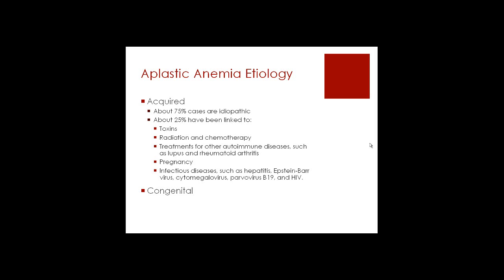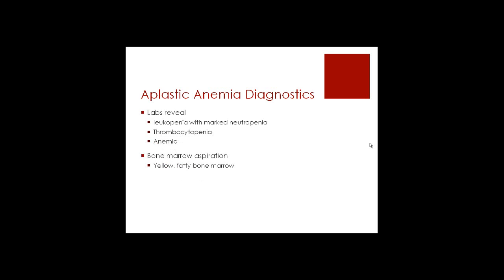For about 25% of the time, they have found a linkage to potentially toxins, radiation, and chemotherapy, treatments for other autoimmune diseases such as lupus and rheumatoid arthritis, and pregnancy and infectious diseases. So when you have aplastic anemia, what the labs reveal is leukopenia with marked neutropenia, thrombocytopenia, and anemia. The bone marrow maceration will be yellow and fatty bone marrow.